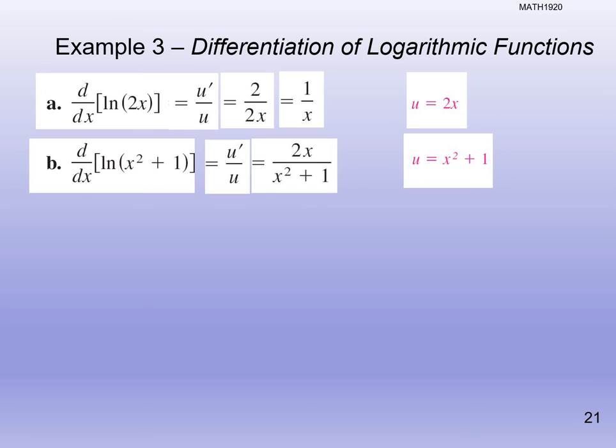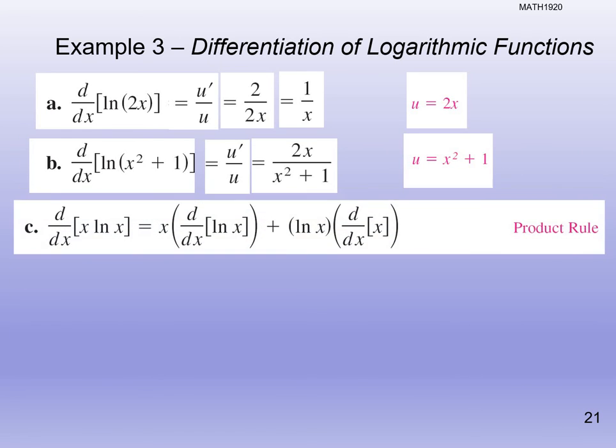U is always going to be the quantity that's inside the parentheses of the natural log function. And then you take du of that, right? Du is 2x. So it's really u prime, which is the same as du. Okay, u prime and du mean the same thing. So the derivative of u with respect to x is 2x. Okay, and then we literally substitute them in. So the derivative here is 2x over x squared plus 1.